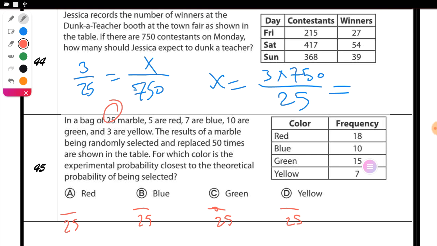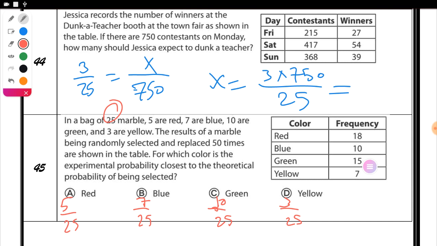I have 5 red, so 5 over 25. 7 blue, so 7 over 25. 10 green, 10 over 25. And 3 yellow, 3 over 25. This is called theoretical. You give me a number, and I write it as a probability or prediction.